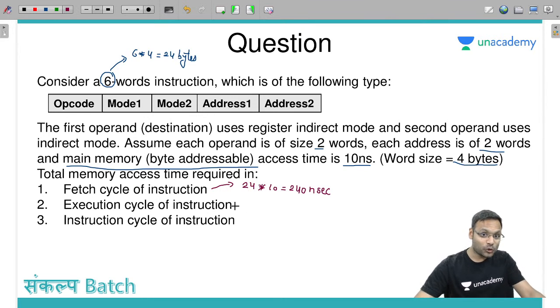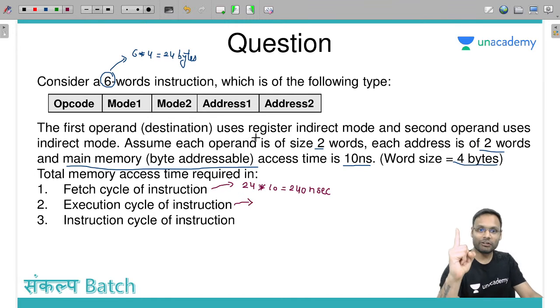Next, execution cycle. Execution cycle will take how much time? Only one memory access of 2 words for first operand.